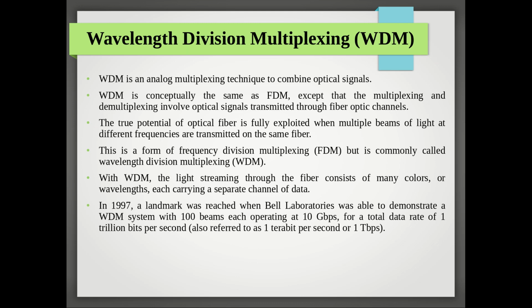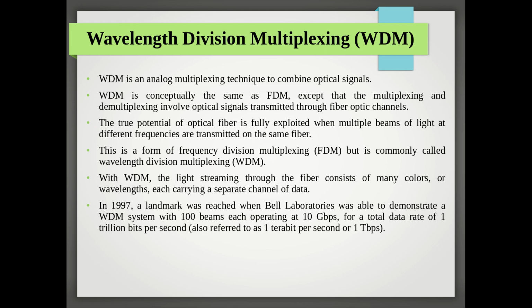That is how they demonstrated how optical signals can be multiplexed together. For that experimentation we will be using a prism, and we will see how a prism can be used to do this multiplexing and demultiplexing. A trillion bits per second is otherwise called terabit per second, or Tbps.